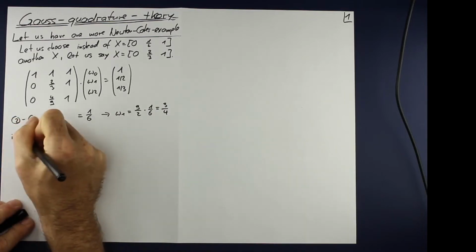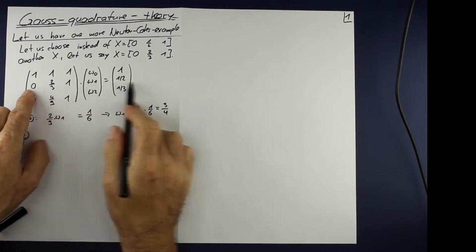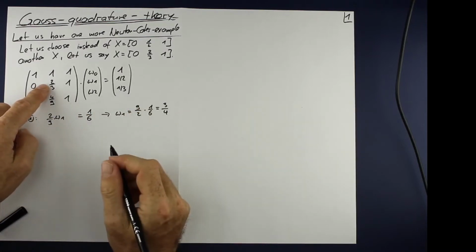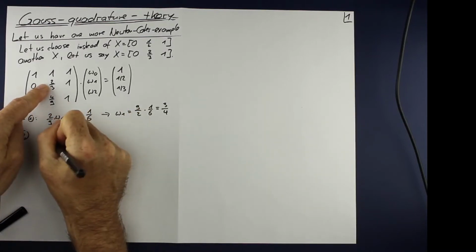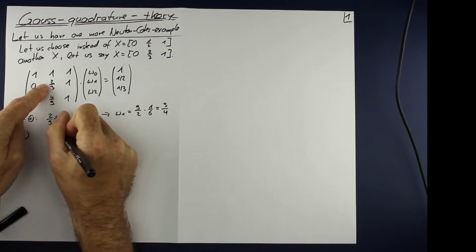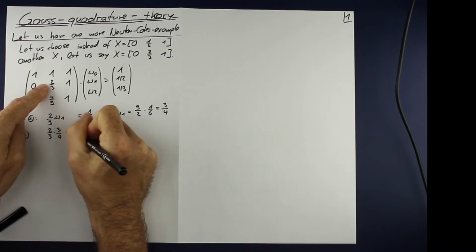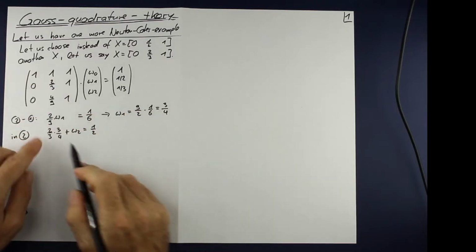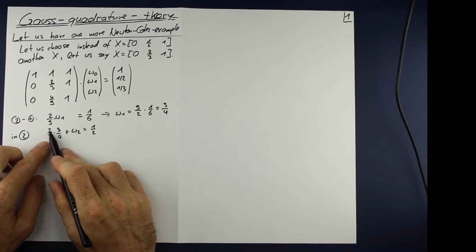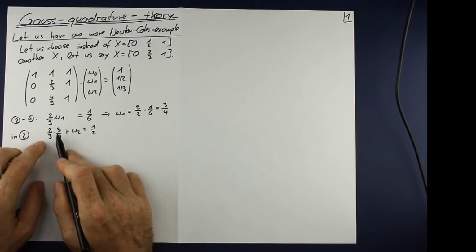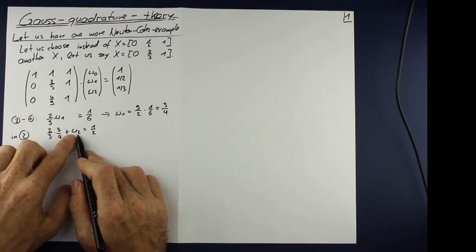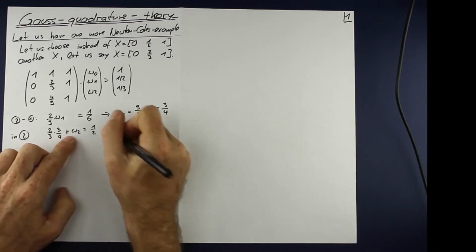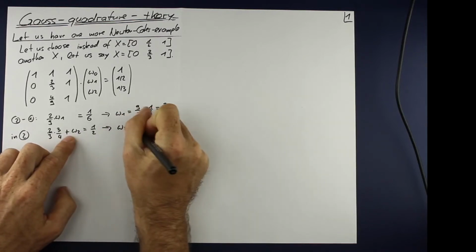Then in the second equation we get 2/3 times our omega 1, 3/4, plus omega 2 is a half. What is that? Cancels. This is a half. A half plus omega 2 is a half. That means omega 2 is 0.